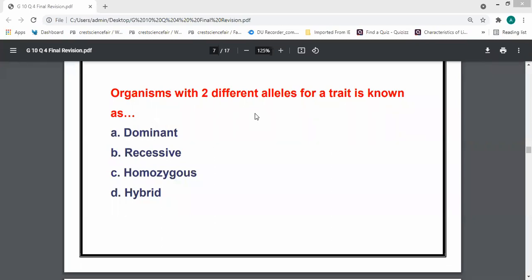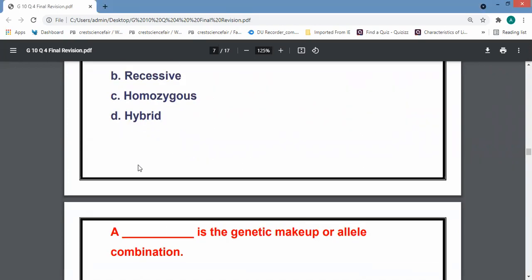Judy, can you answer this question? Recessive, homozygous, or hybrid, because it came in the quiz we did, hybrid. Relax. Yes, it is hybrid. Two different alleles, hybrid. Heterozygous.